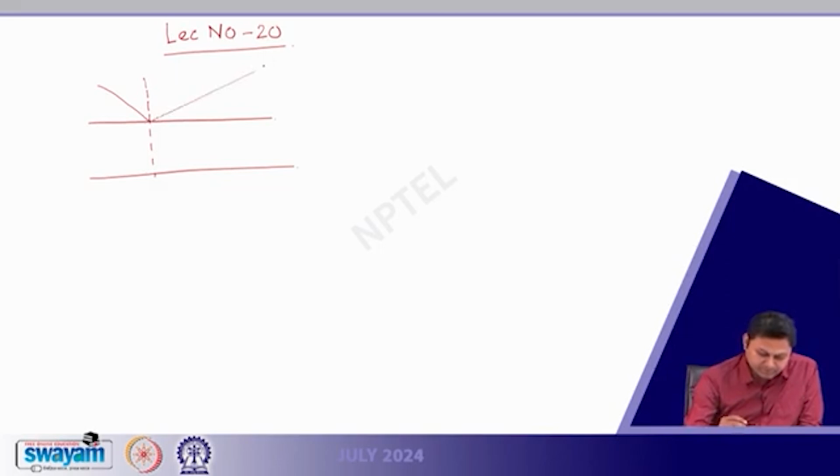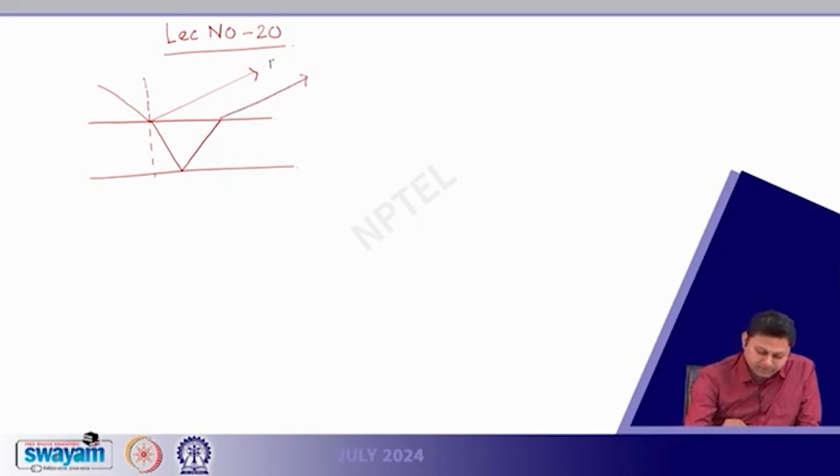So what we had, let me quickly describe from the last class, that if we have a film like this, a light ray will fall here and reflect, and one portion is transmitted, then it is reflected from this surface and again it is transmitted.